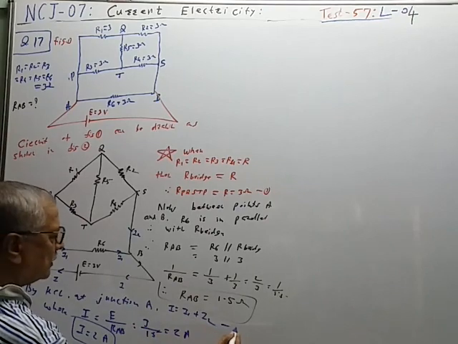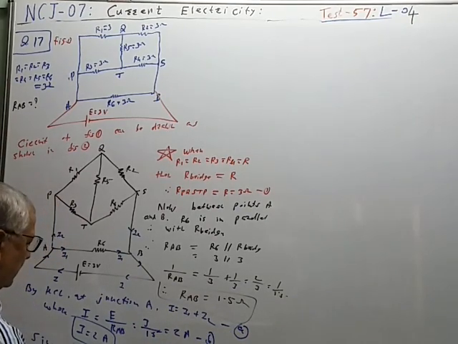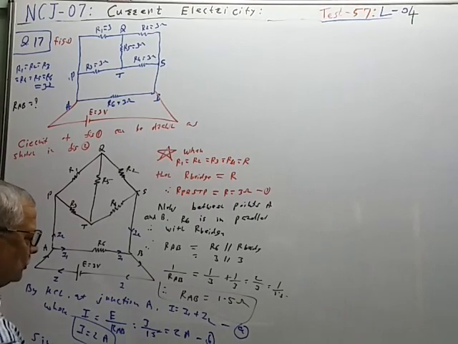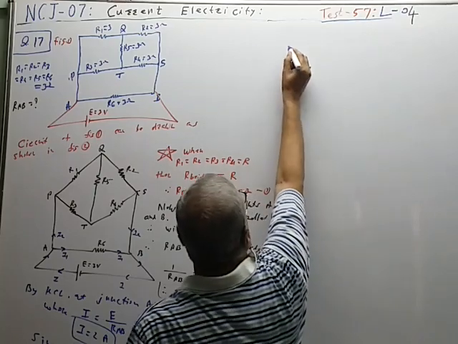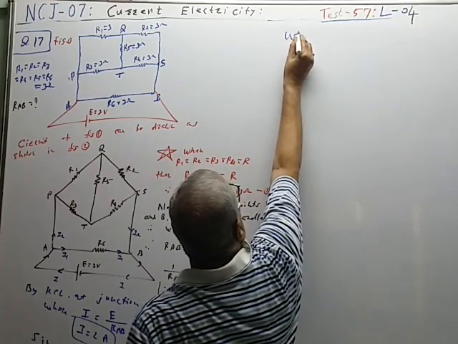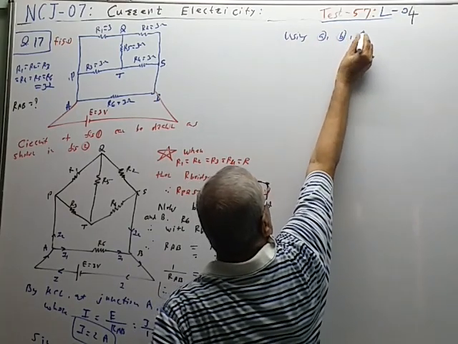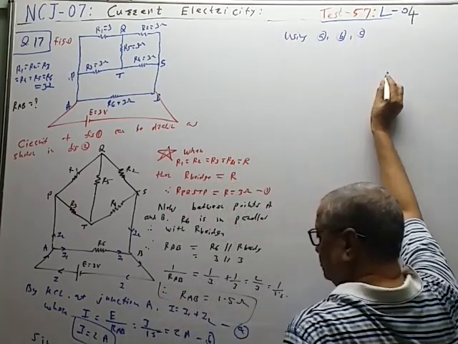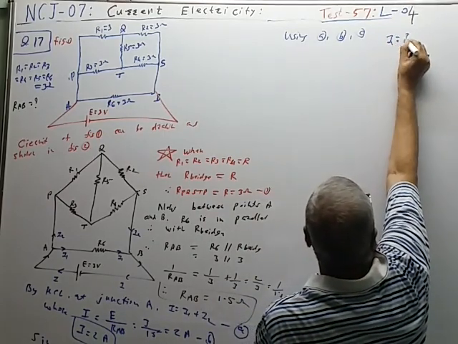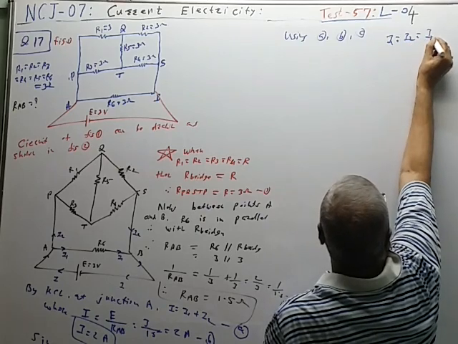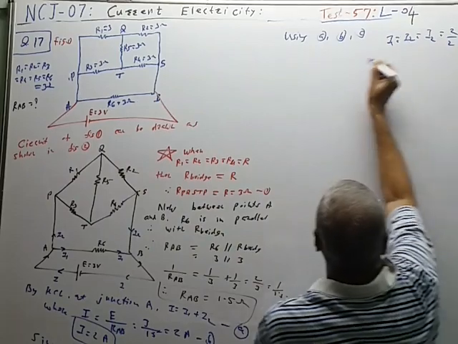So now using equation A, equation B and equation C, I1 is equal to I2 is equal to I by 2, that is equal to 2 by 2, that is equal to 1 ampere.